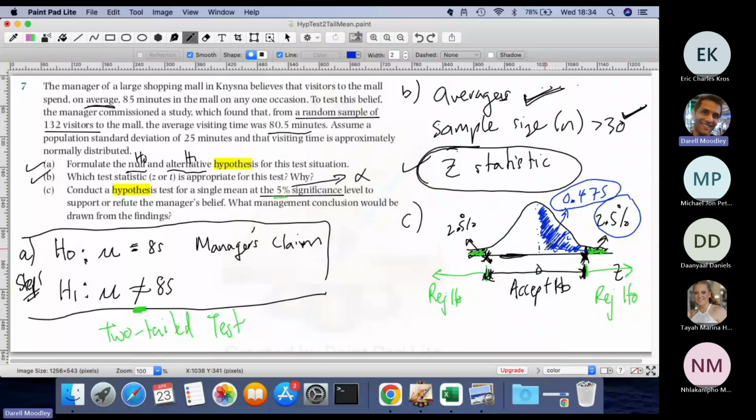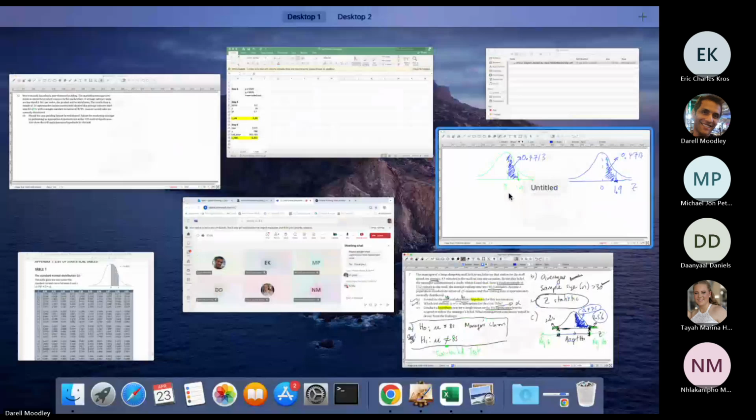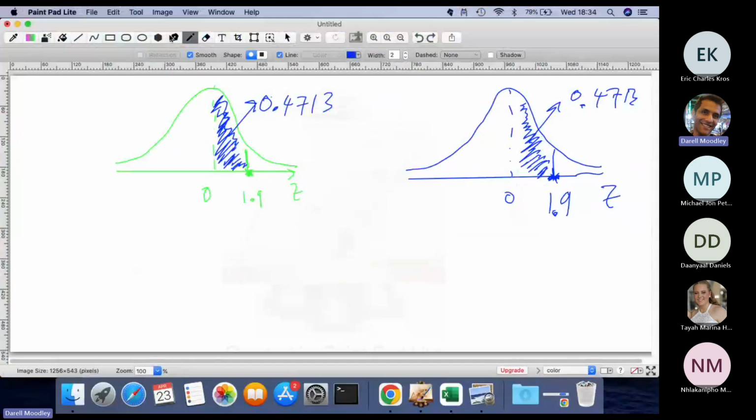Does everyone understand that? Remember, half this area is 50%. The green area makes up 2.5% of that 50%, so the remaining area is 0.475. In other words, we know this area is 0.475, just like I did in this graph here. Okay, we know this area now is 0.475.